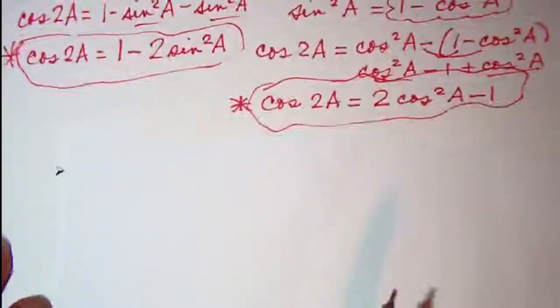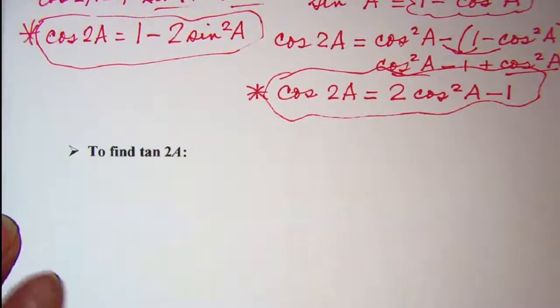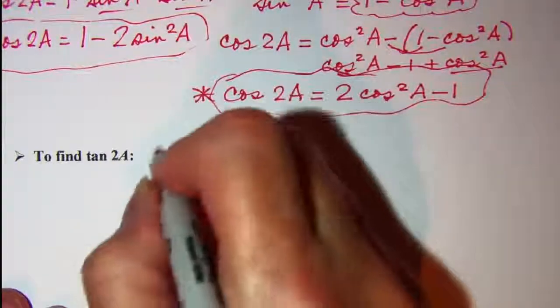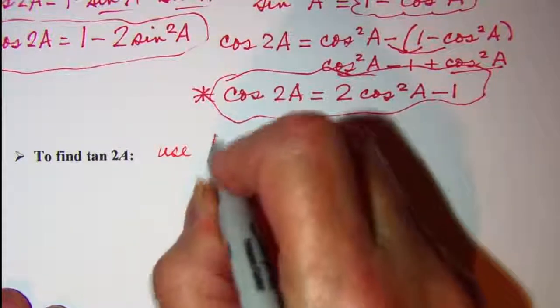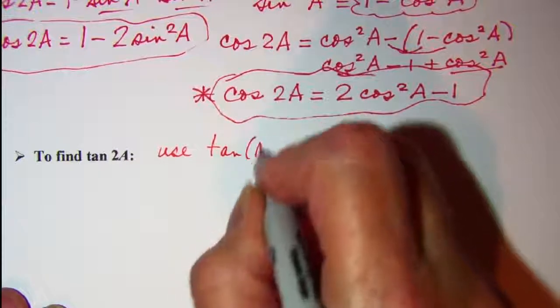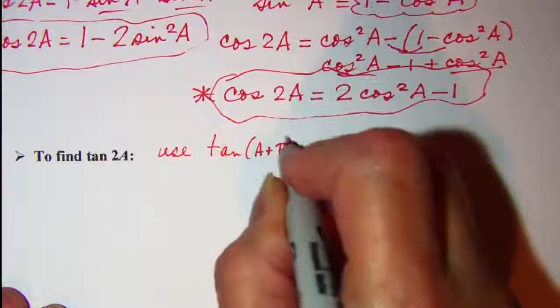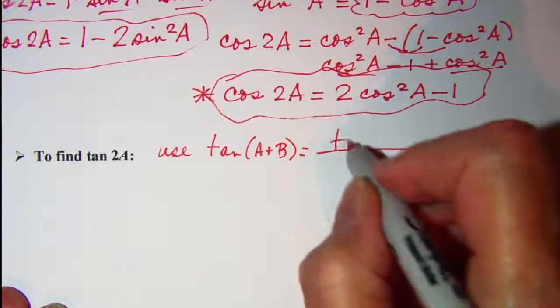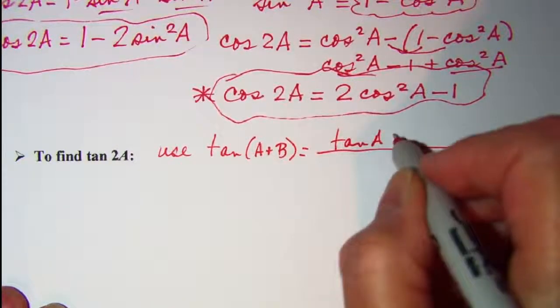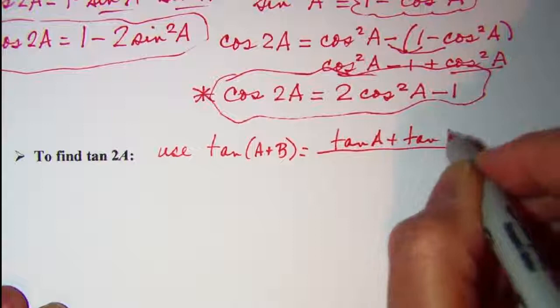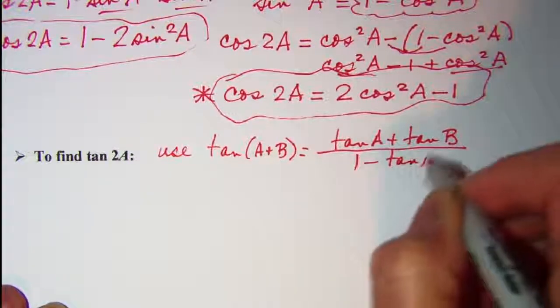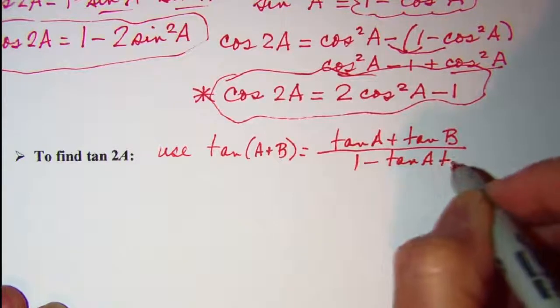And finally, let's develop our double angle identity for tangent. We're going to use tangent of a plus b is equal to the fraction tangent a plus tangent b over 1 minus the product tangent a times tangent b.